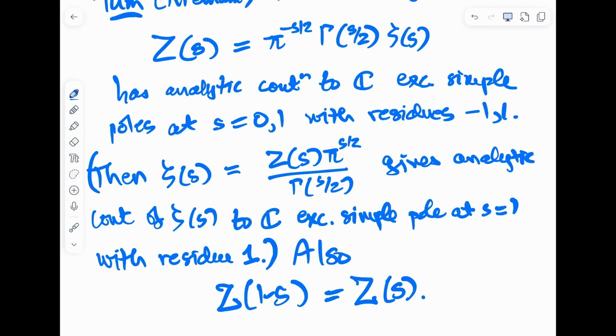Riemann had first worked out an analytic continuation and functional equation for zeta of s directly and got a pretty ugly functional equation for it. Afterwards, he noticed that if he wrote instead this function, capital zeta of s, it has a much cleaner looking functional equation. So he gave a second proof that emphasized this function first.